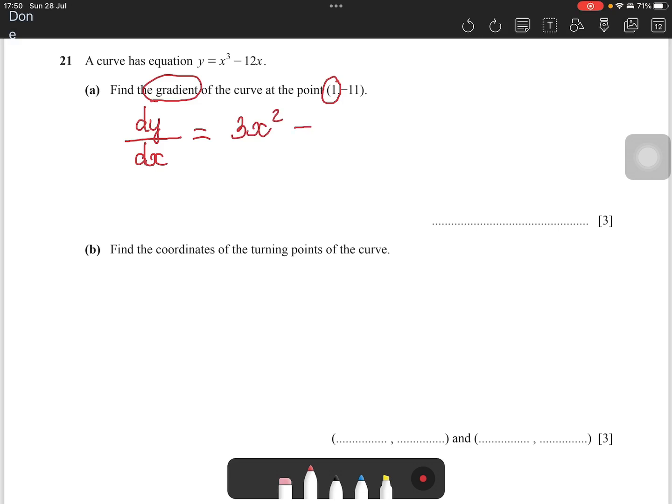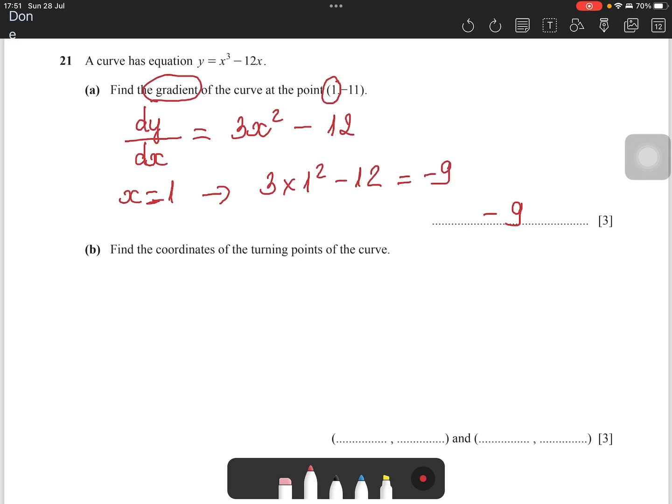The derivative of 12x is only 12. So the gradient of the curve at the point 1, negative 11, which means when x equals 1, is 3 times 1 squared minus 12. 3 minus 12 is negative 9.